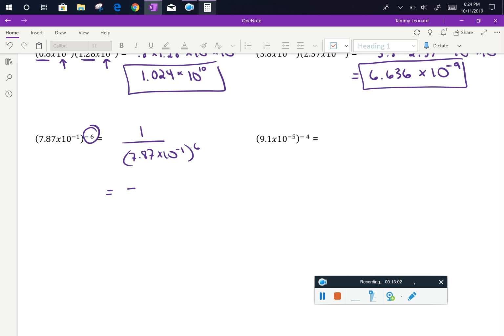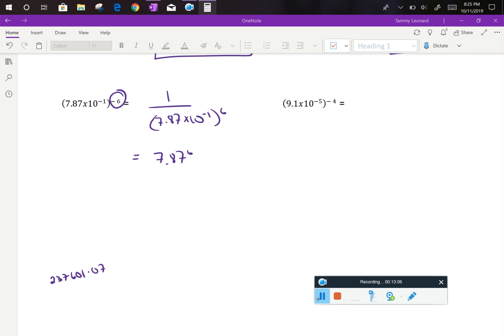Using our calculator to do 7.87 to the 6th power, we see that we have the very large number of 237,601.07. Now, that's being multiplied by 10 to the negative 6th, because when we raise a power to a power, we multiply the powers.